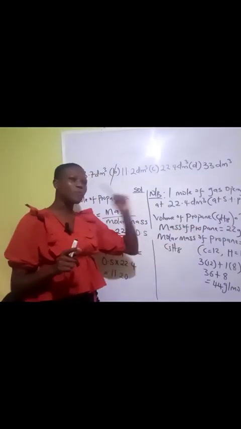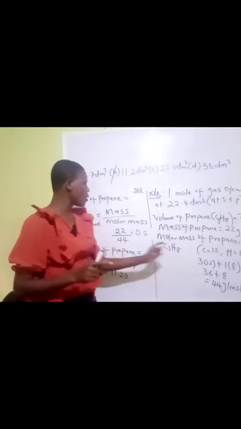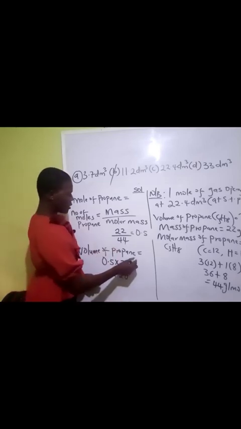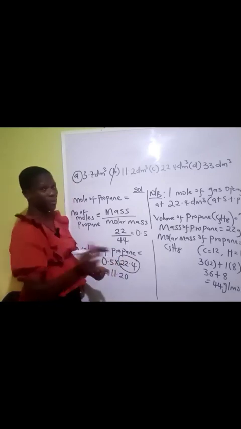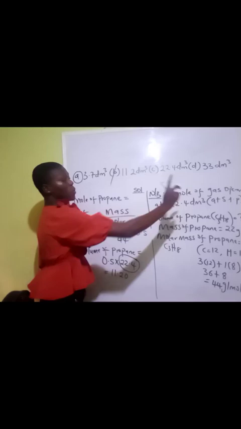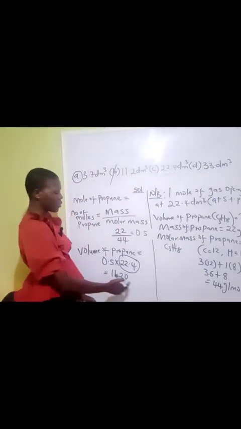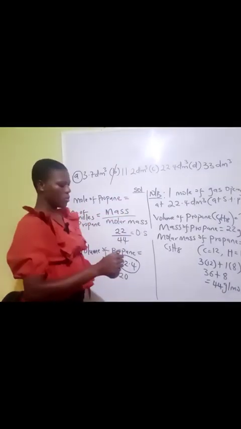You look for the molar mass of methane and apply it. When you get the answer, you multiply it by the STP volume, where 1 mole of gas occupies 22.4. Then you see that it gives the same answer, 11.20. So the answer here is 11.2 dm cube.